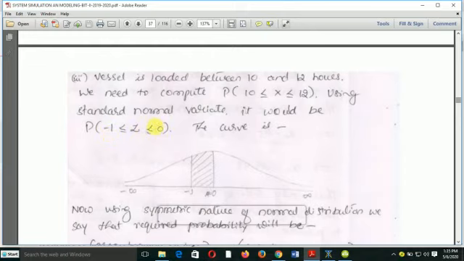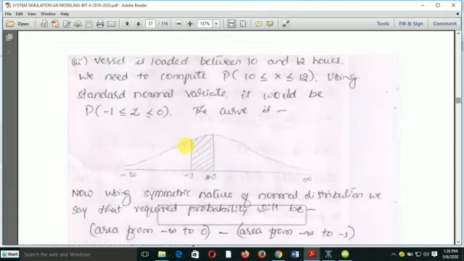We found -1 in the first question, where we computed the probability that the vessel will be loaded in 10 hours. In the second question, computing the probability that the vessel will be loaded in more than 12 hours, we found 0. So z must be between -1 and 0.